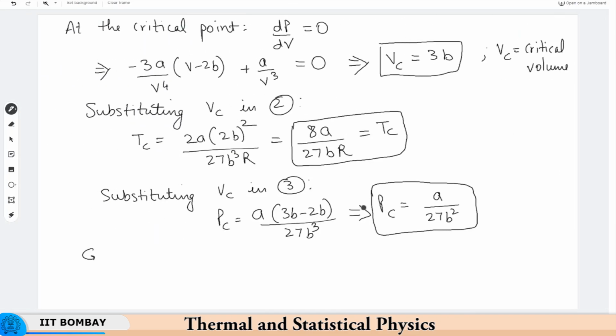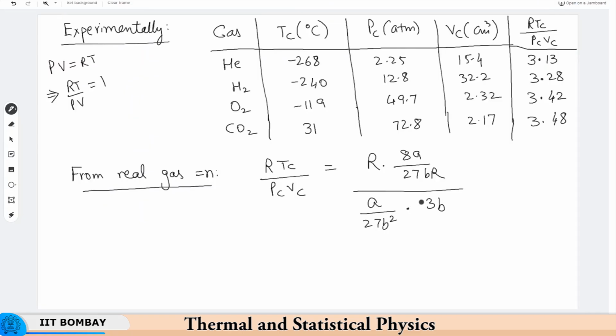You can check that some terms will cancel out. A cancels out, and B also cancels out here and here, and 27 cancels out, and we are essentially left with 8 by 3, and this is basically equal to 2.67, right?